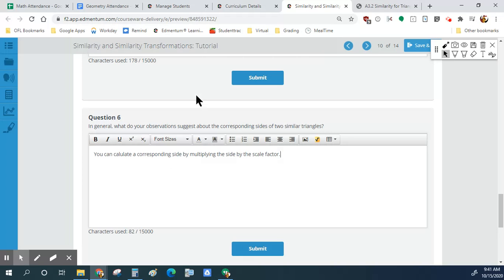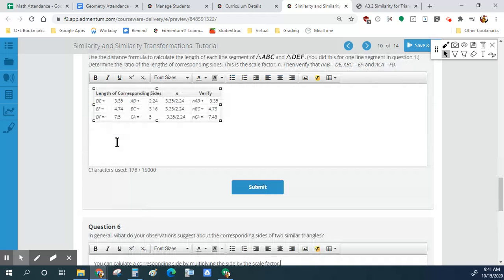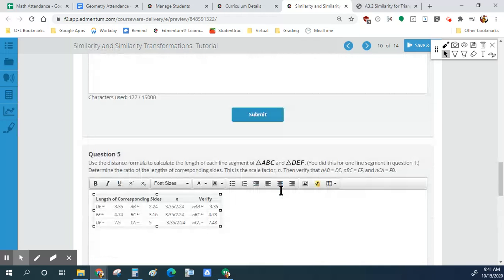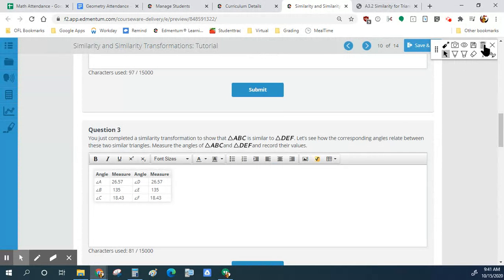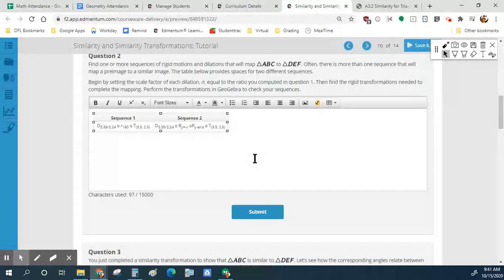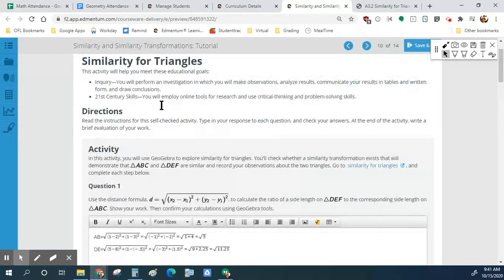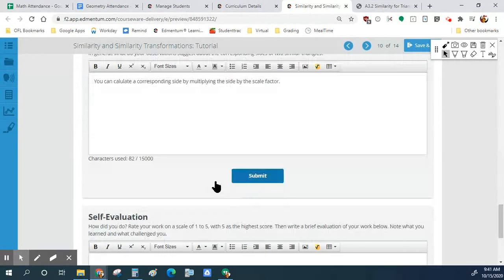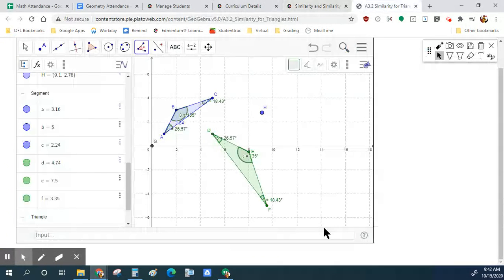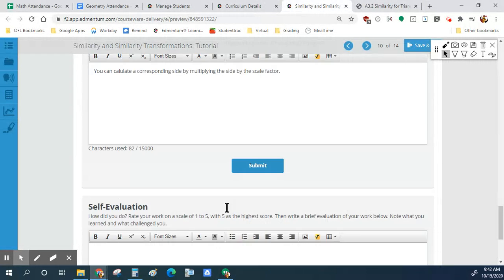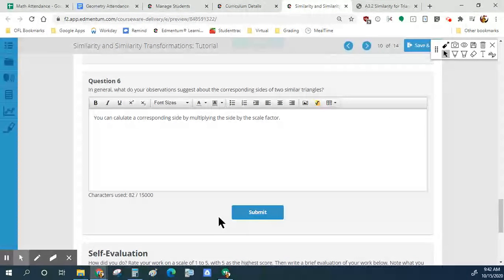So what we're going to do here is basically it's asking us to figure out what we're doing here. The thing I don't like about this activity, and I know you guys hear me complain about Edmentum a lot, is it assumes you know how to convert this using a scale factor. And I'm like, well, how would you have known that unless you know to divide the sides out? So it's like, hey, figure out how to scale factor it.